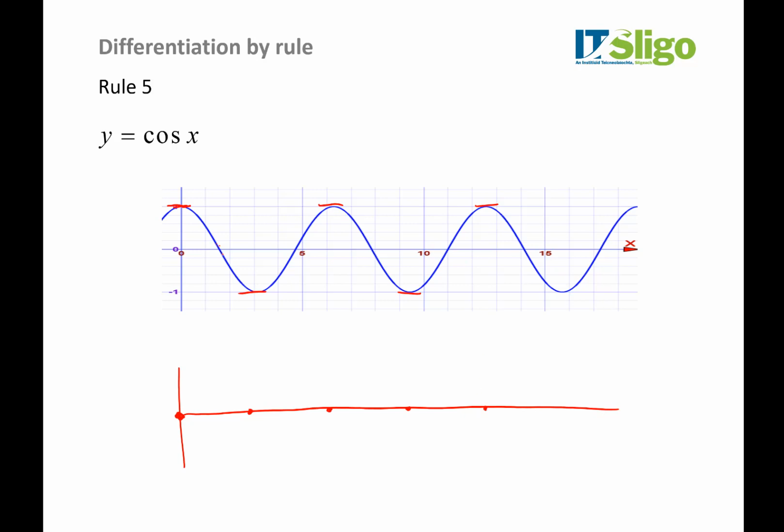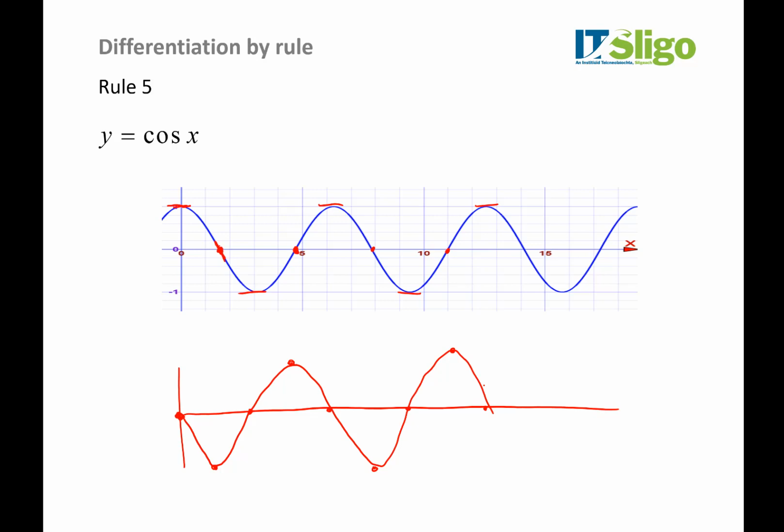But here now, at this point, when x is actually equal to 90 degrees, the slope is minus 1 because it's downhill. Now here, the slope is plus 1 because it's going uphill. Here the slope is downhill. Here the slope is uphill. And hopefully again when you see it, forgive my poor dot joining skills.